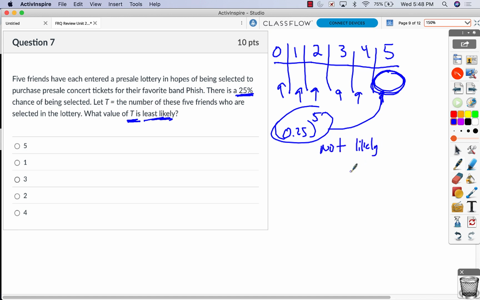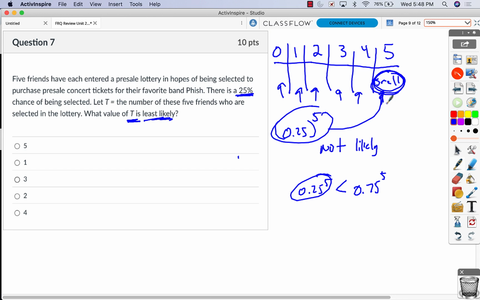It's very small. You don't have to find all these probabilities. You just have to know, like, what's the chance that they all get selected? 0.25 to the 5th. What's the chance that none of them get selected? That's 0.75 to the 5th. This is way smaller. This is very, very small.